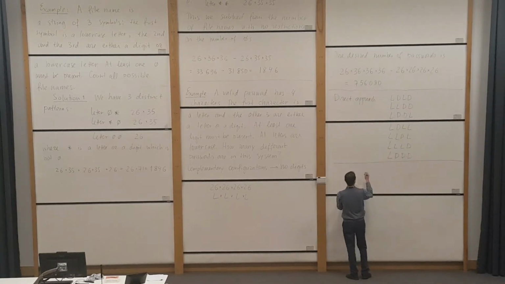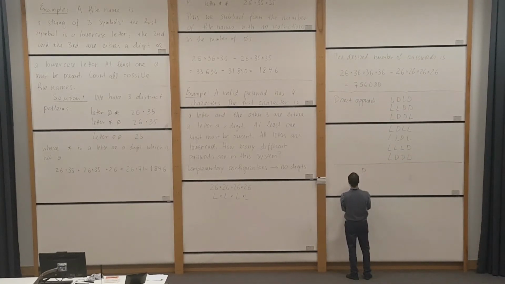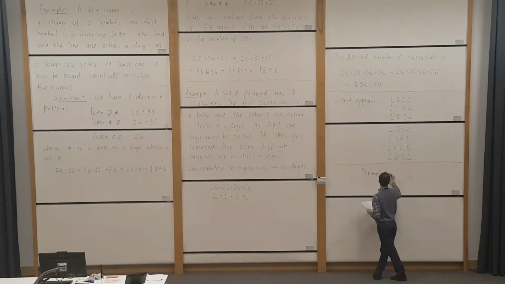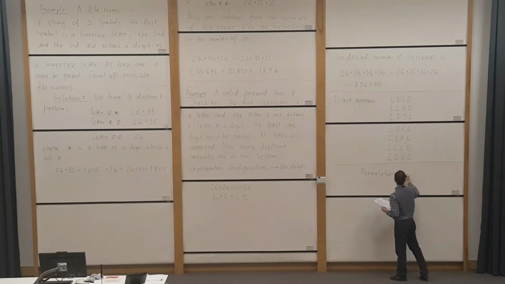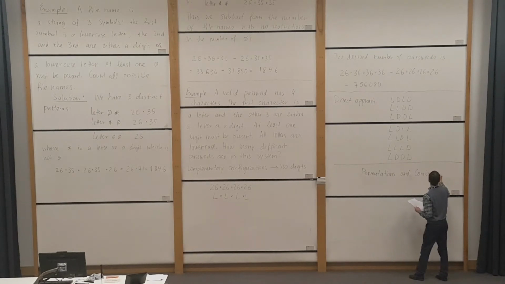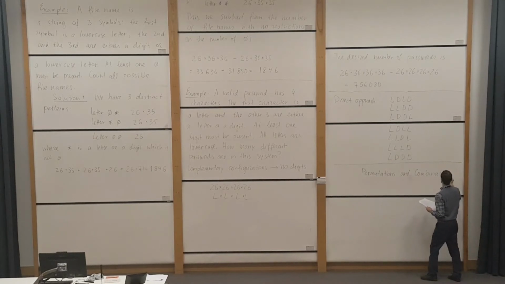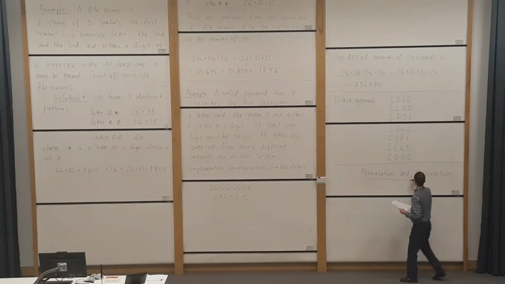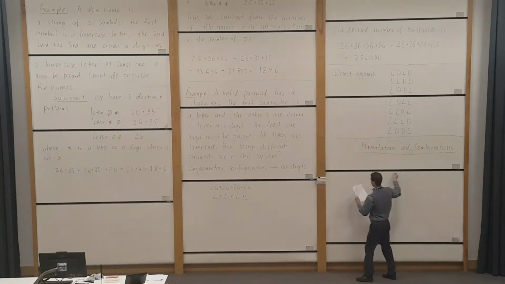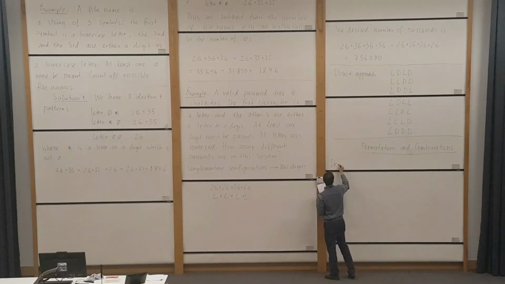So the next thing I'm going to consider are permutations and combinations. I'll start with the definition of permutations.